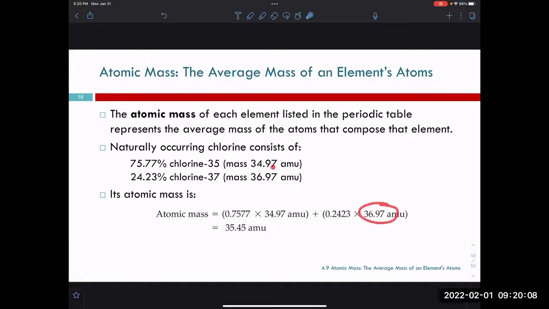So this is the 36.97 being multiplied by the 24.23, but as a proportion, not as a percentage. If you multiply these together and then add those two numbers together, you would get 35.45. So that's the atomic mass.